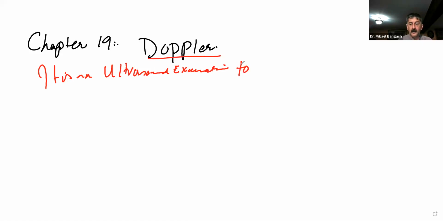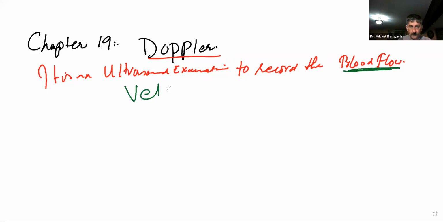But the thing that we actually want to measure or record as a Doppler exam is to record the blood flow. Primarily, in the blood flow, the main thing that we are looking for is going to be the velocity.